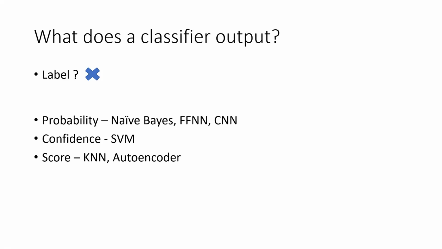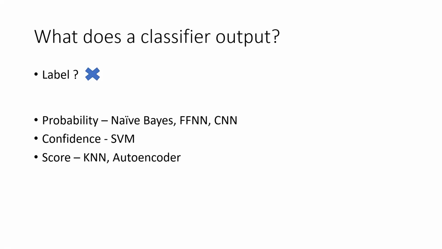It only gives you some probability, some confidence, some score, some numerical number. Based on that number, we decide whether it belongs to class 1 or class 2. And once you decide that, then you create a confusion matrix, and from the confusion matrix you calculate these different metrics like accuracy, true positive rate, false positive rate, and so on.